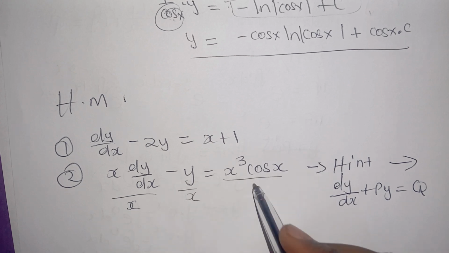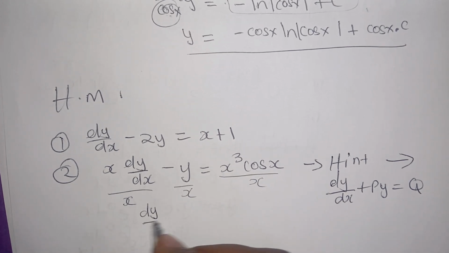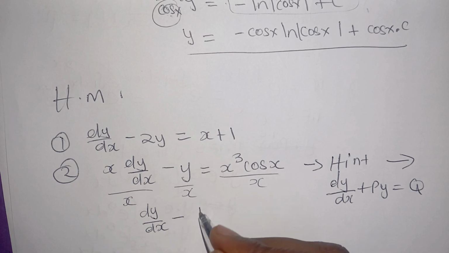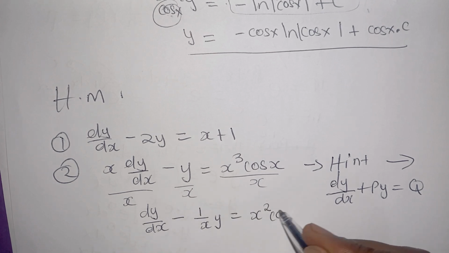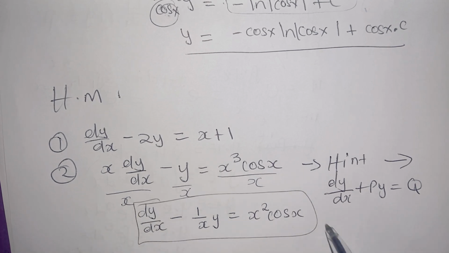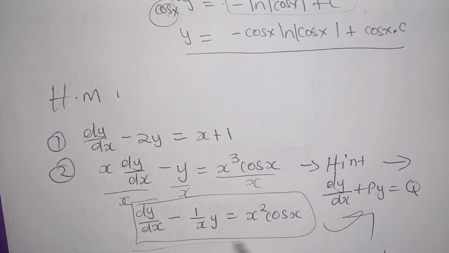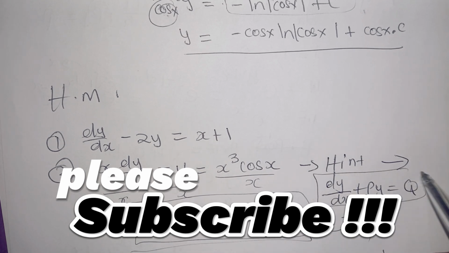Then you will end up having dy over dx minus 1 over x times y is equal to x squared cos x, right? Isn't this the same as the standard form? So I gave you the hint because I like you, and from there you just have to go and solve your stuff. But more importantly, do put it in a standard form.